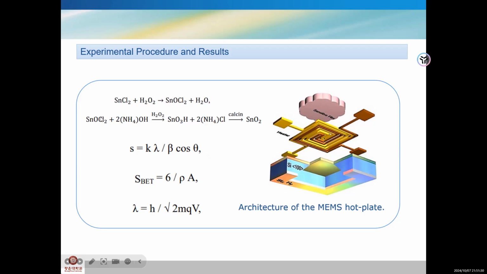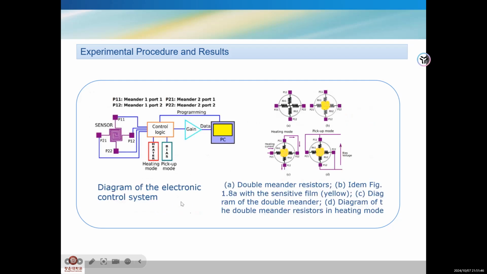So as you can see, there's something regarding H2O2. So we can draw the conclusion about that. And that is the experimental procedure and results.